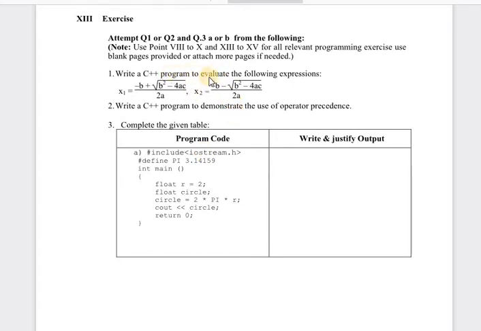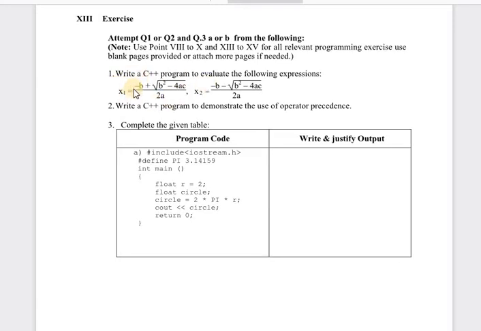The program for this question you have to write in your notebook. So I will just give some hints for this program. You have to declare variables, that is x1, x2, b, a, c. So first you should declare the variables a, b, c and x1 and x2.